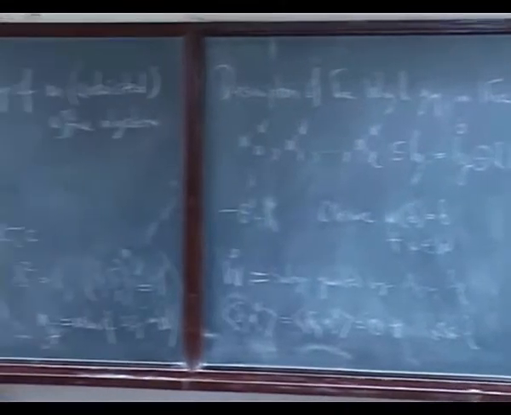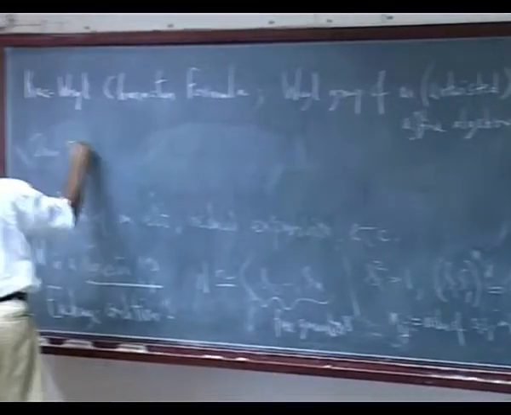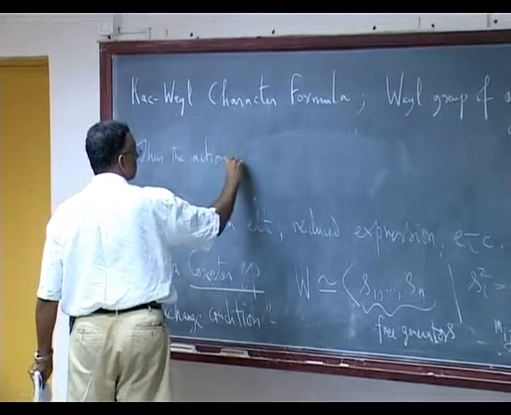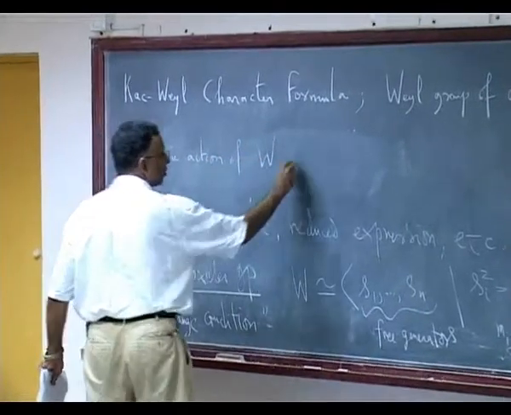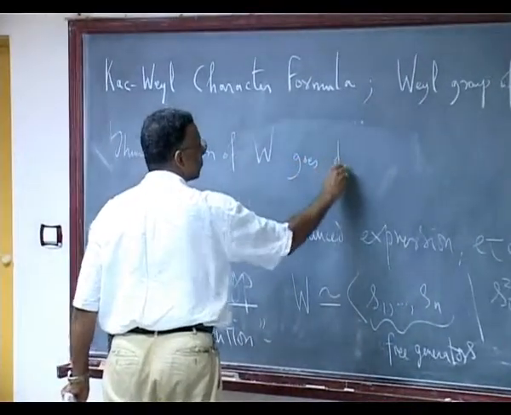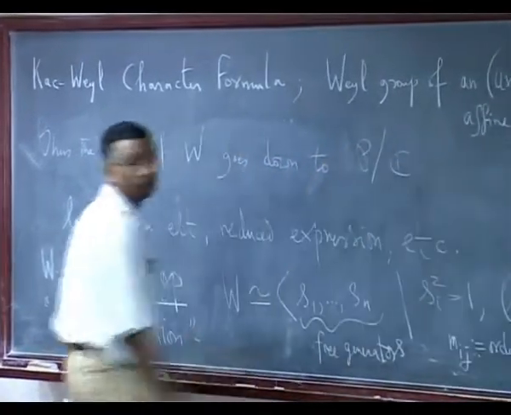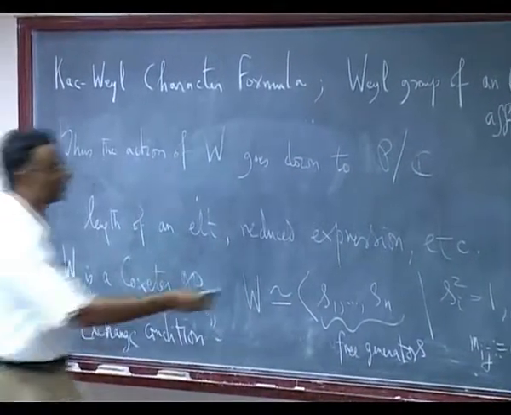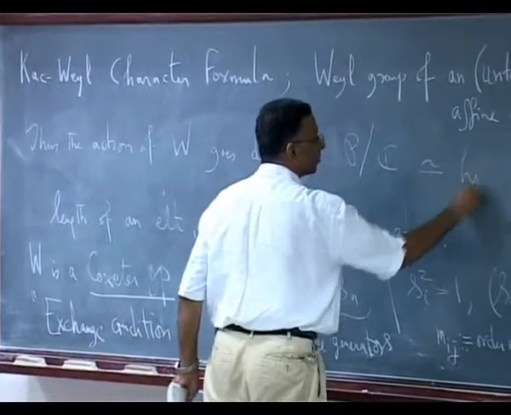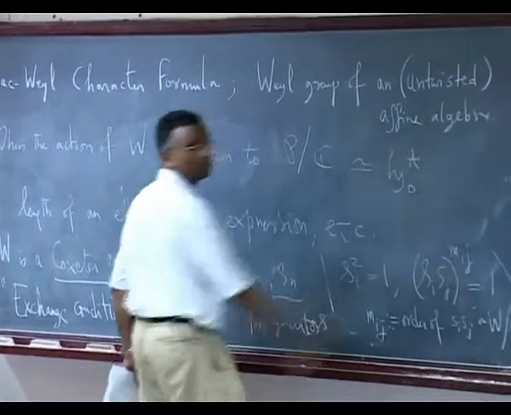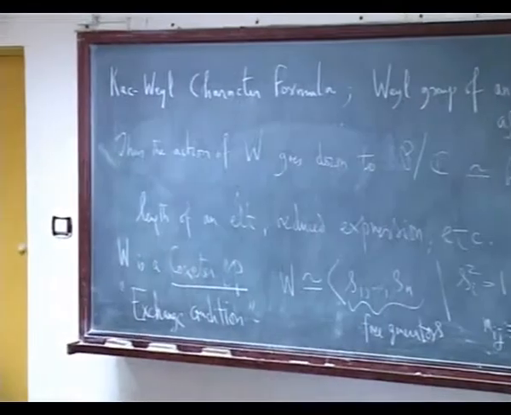Thus, the action of W goes down to P mod the action of C, which you can think of as H naught star.